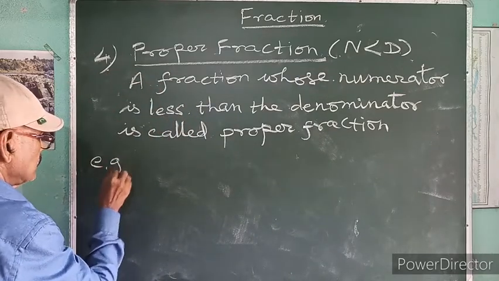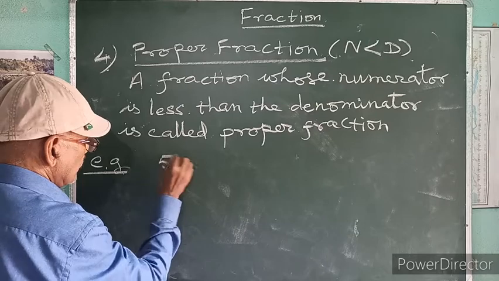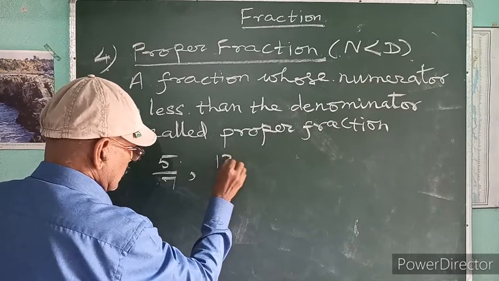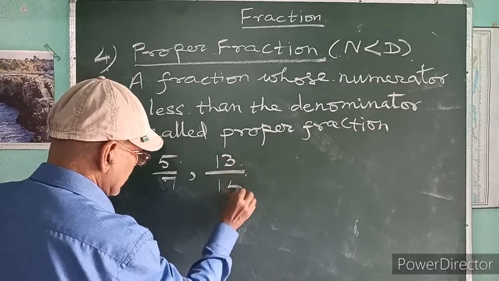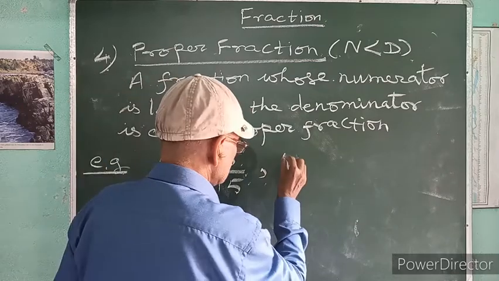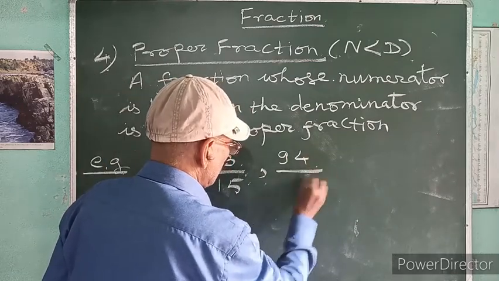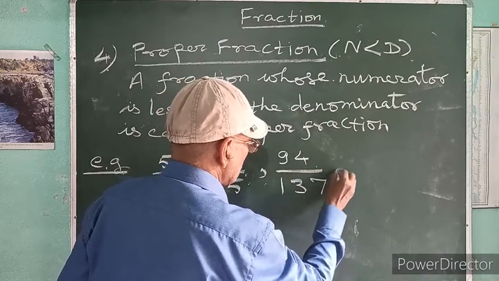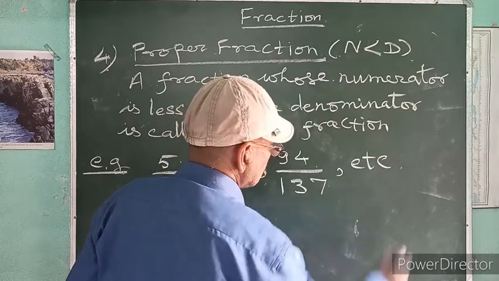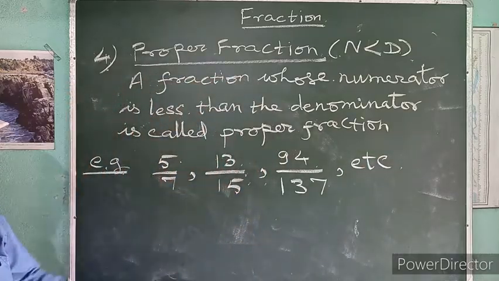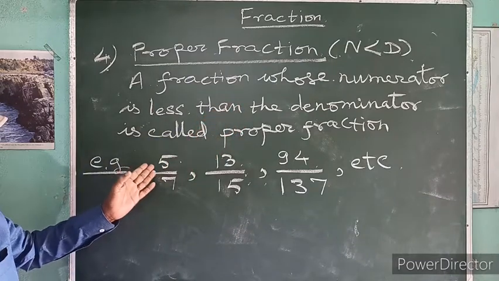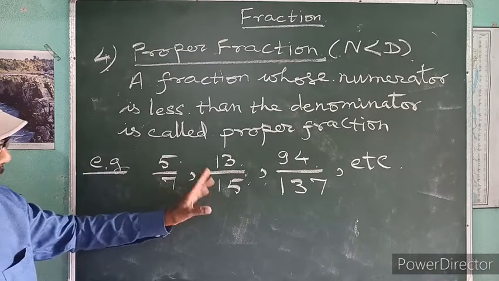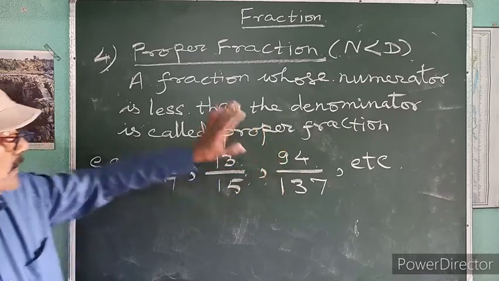Example: 5 by 7, 13 upon 15, 94 upon 137, etc. You can see that numerator is always less than the denominator. So we call these fractions proper fractions.